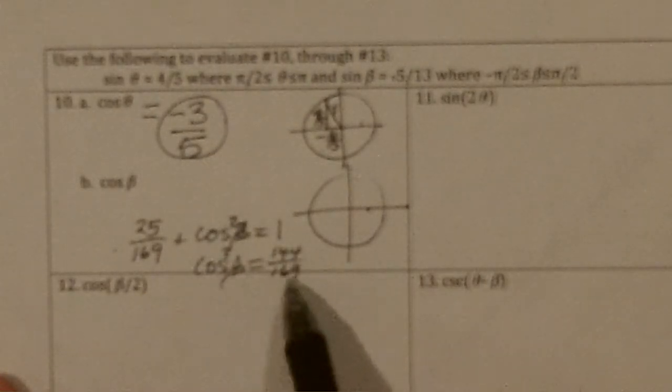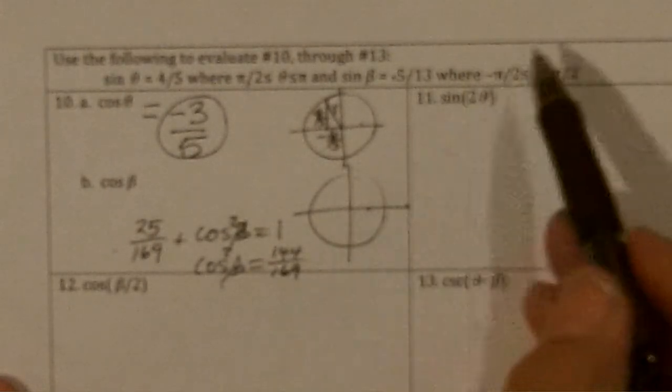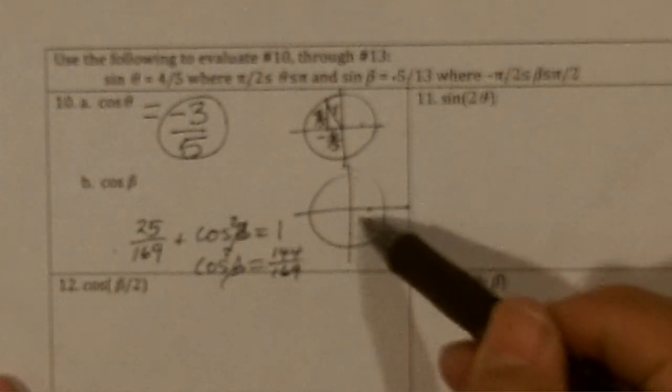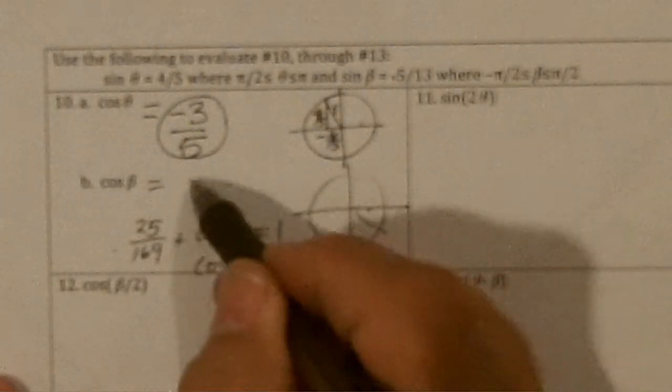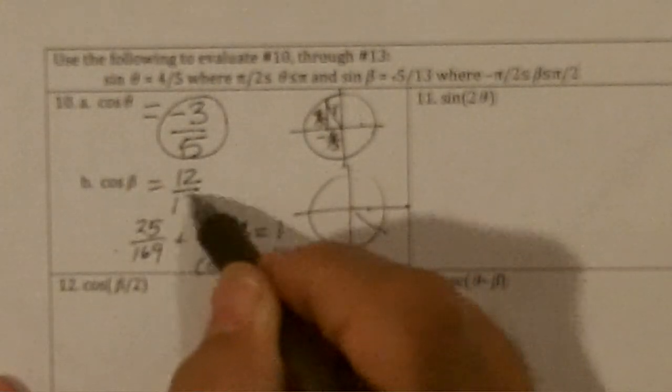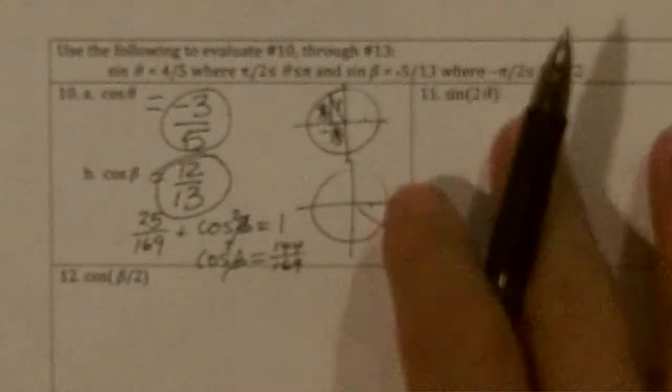If I take the square root, I get 12/13 plus or minus, but since we're going to be in the fourth quadrant here, the cosine is positive, so it's going to be 12/13. Now if you don't get this right, you're going to have a hard time getting any points on 11, 12, and 13.